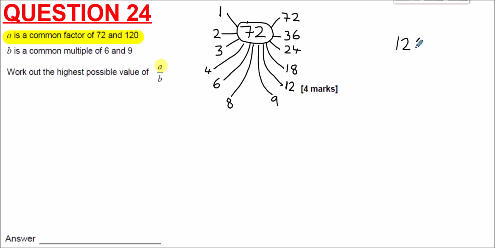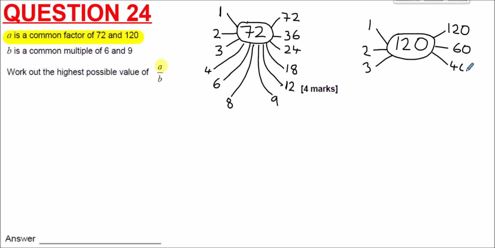120, again, factors of 120. Just do this quickly so you've got the idea. 1 and 120. We'd have 2 and 60. 3 and 40. 4 and 30.